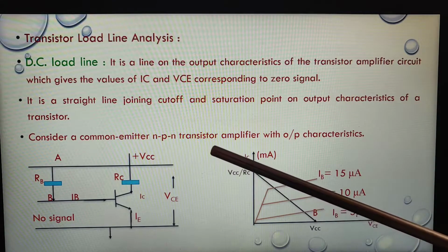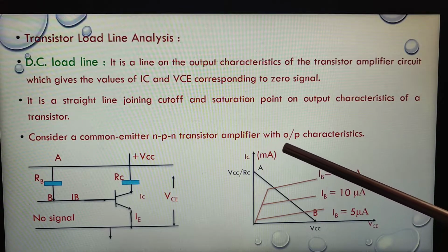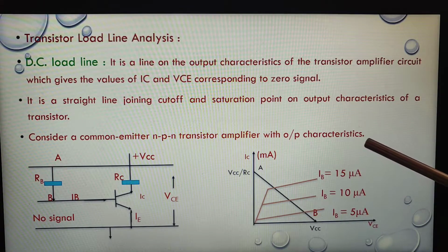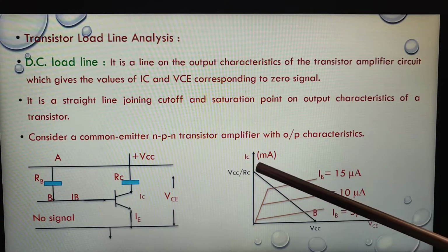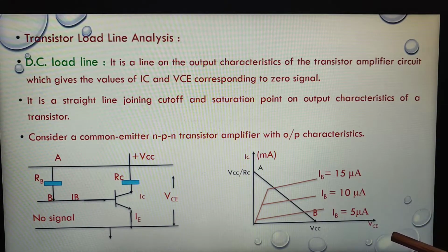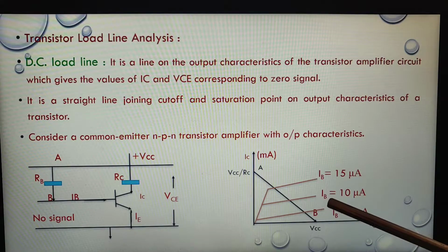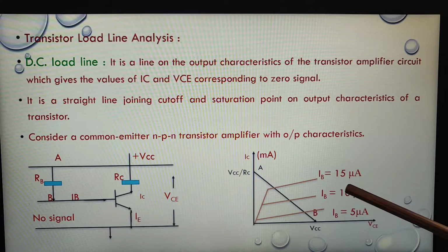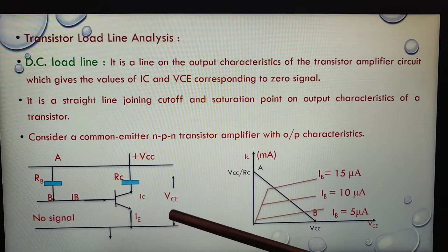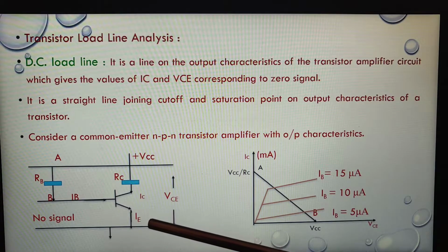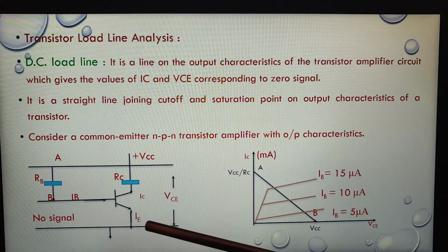Consider a common emitter NPN transistor amplifier with output characteristic. So here is a graph of IC versus VCE, and there are a number of lines corresponding to constant base current. This is the NPN transistor in common emitter mode.